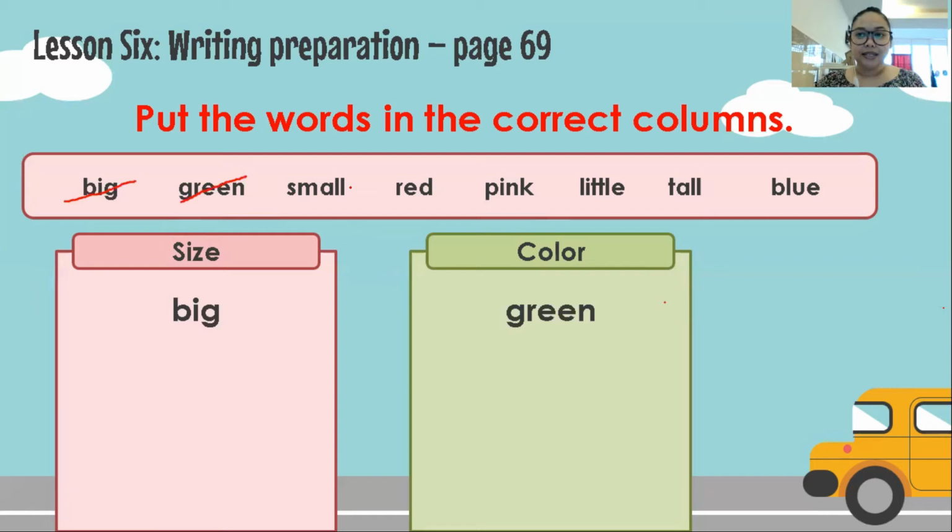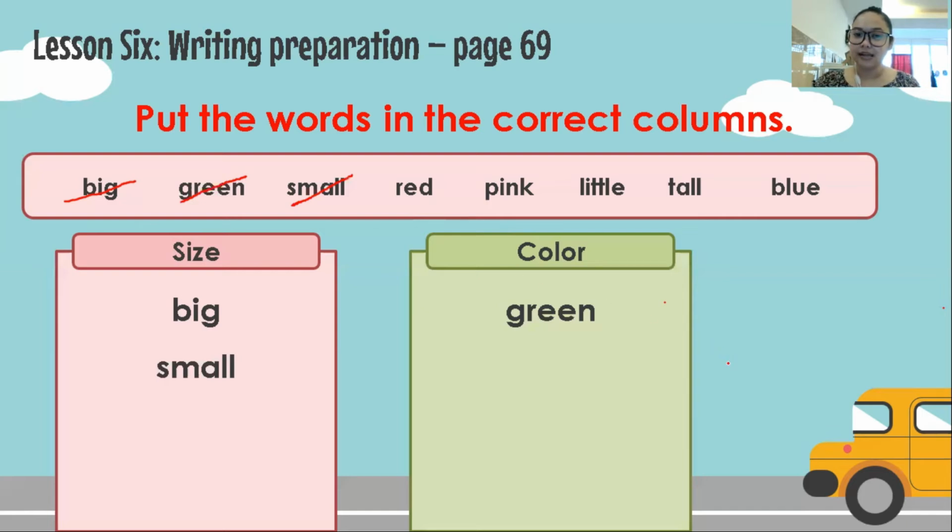Next word is small. Is it a size or a color? It's a? Yes, it's a size. So write it in size and cross out small. Next, red. Is it a size or a color?